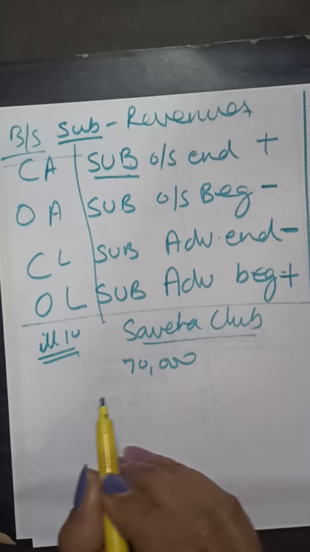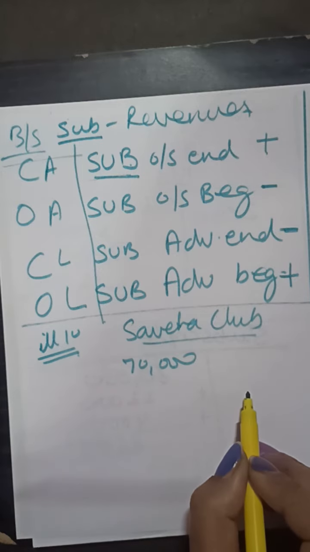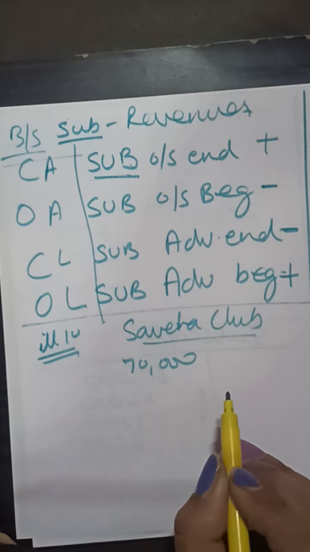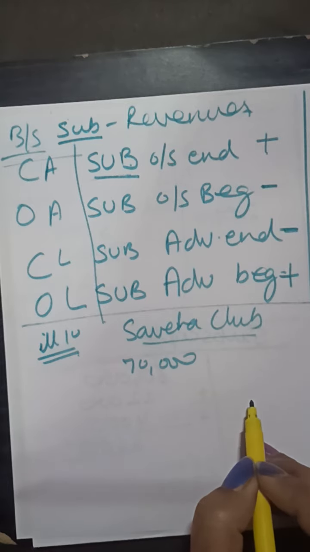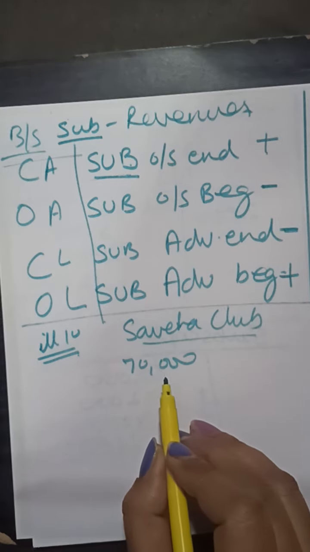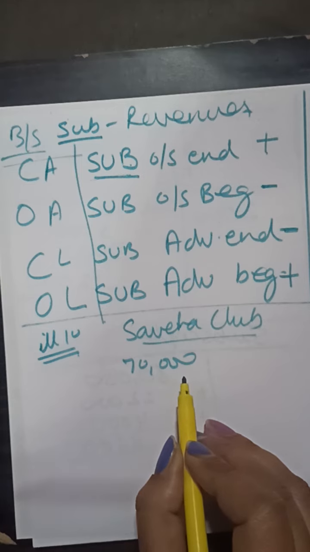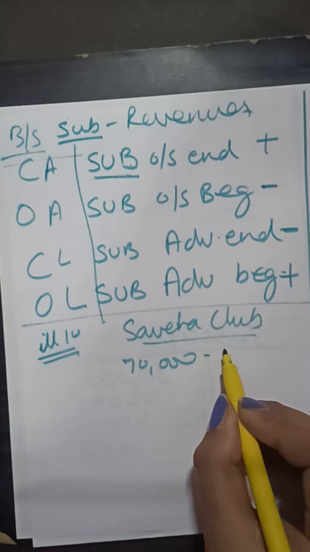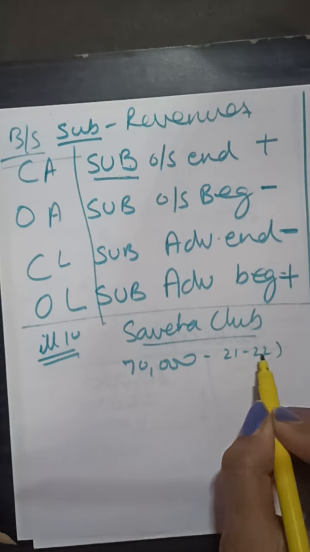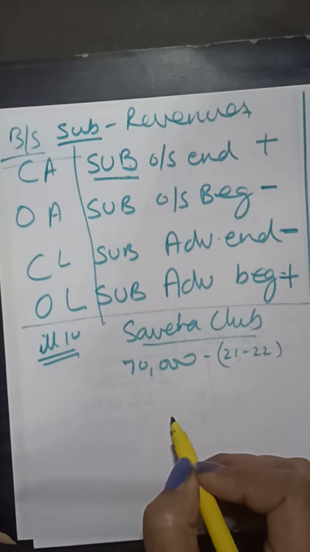So debit all expenses and credit all incomes. So income will come on the credit side. On the credit side of the IE account, 70,000 is the subscription that is received during this year, during the year 21-22.